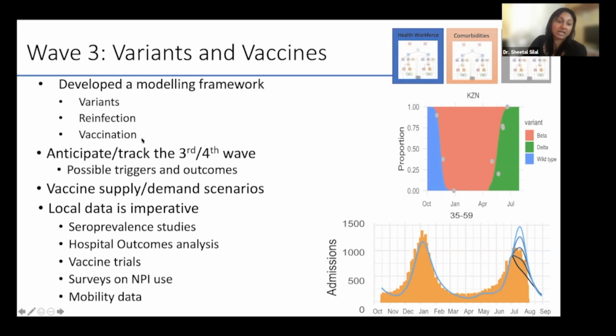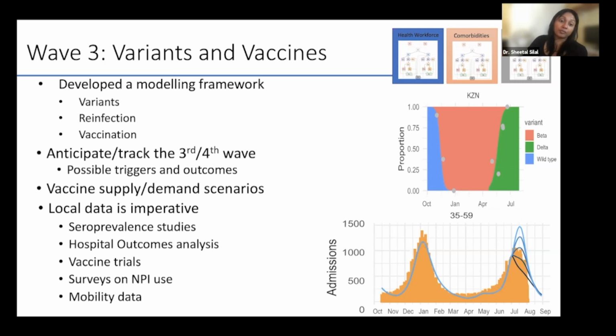As I mentioned, we set up the model for vaccines, and as we are approaching wave 4 now, we've now incorporated a very detailed vaccination component into the COVID models, where we've separated our population by healthcare, those in the healthcare workforce, those with comorbidities, and everyone else, stratified by the different age groups so that we could do vaccination targeting.